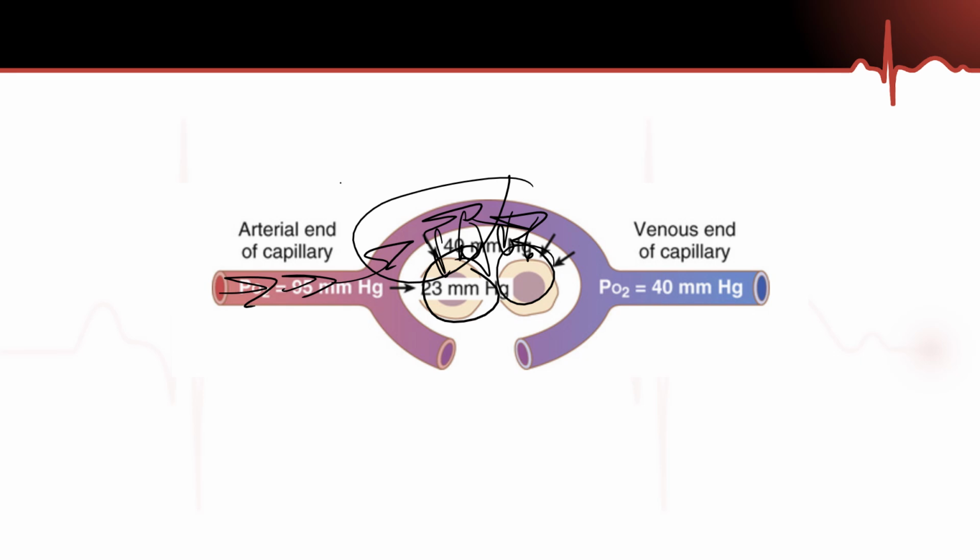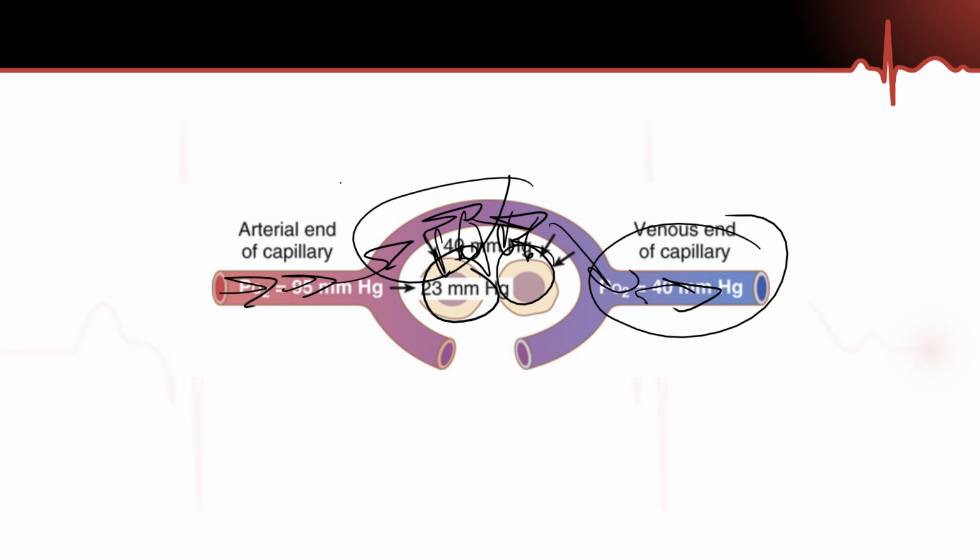In doing so, the blood becomes deoxygenated. And what we end up with is deoxygenated blood within our systemic veins, which, as we'll discuss, are going to take the blood back to the right side of the heart so that it can be pumped to the pulmonary circuit and be reoxygenated.